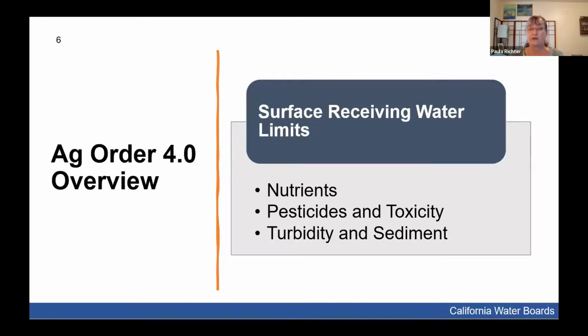There are no targets under this requirement, only limits. So because these limits generally apply collectively, growers that join a third-party program benefit because that program can assist them in work plan development, management practice implementation, and effectiveness assessment, and to collectively meet the surface receiving water limits.